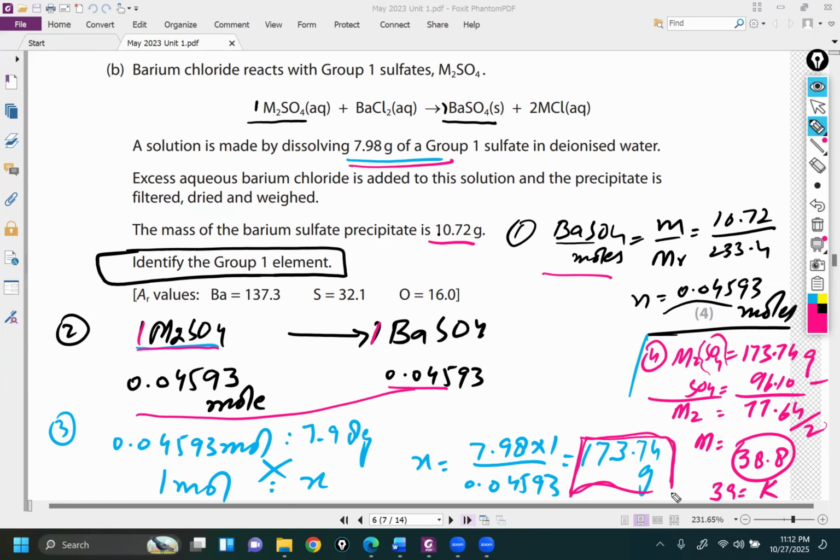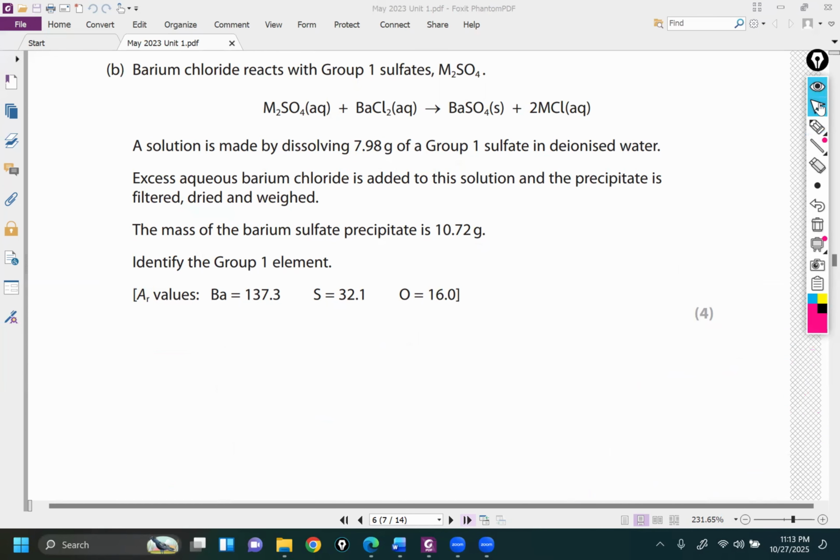In the last section, if the mass of M2SO4 is 173.74, we are already clear about the SO4 mass. So when you subtract the mass of SO4 from M2SO4, we get the mass of M2, 77.64. We need the mass of M, so divided by 2, you get 38.8, which is almost 39, the mass of potassium. So this way, you will score 4 marks.